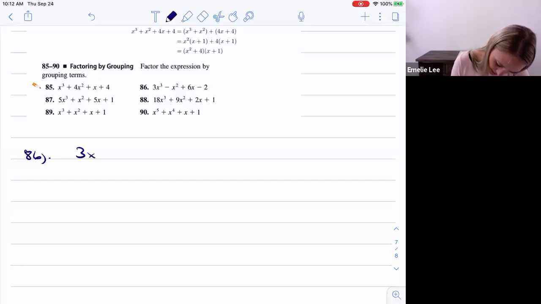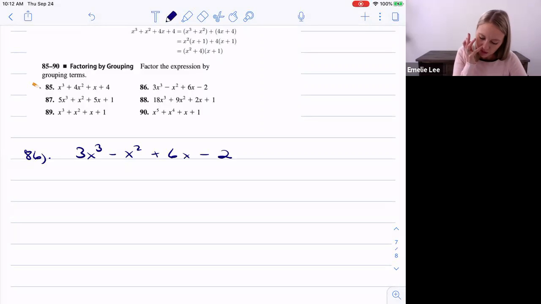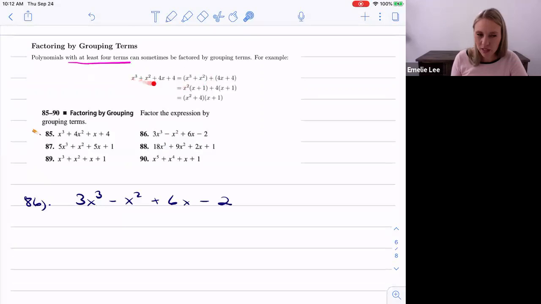86 is 3x to the 3 minus x squared plus 6x minus 2. So what I'm going to do is try using the same kind of method that I used up here. So I've got 3x to the 3 and then x squared. It looks like I'll be able to pull out a common x squared.